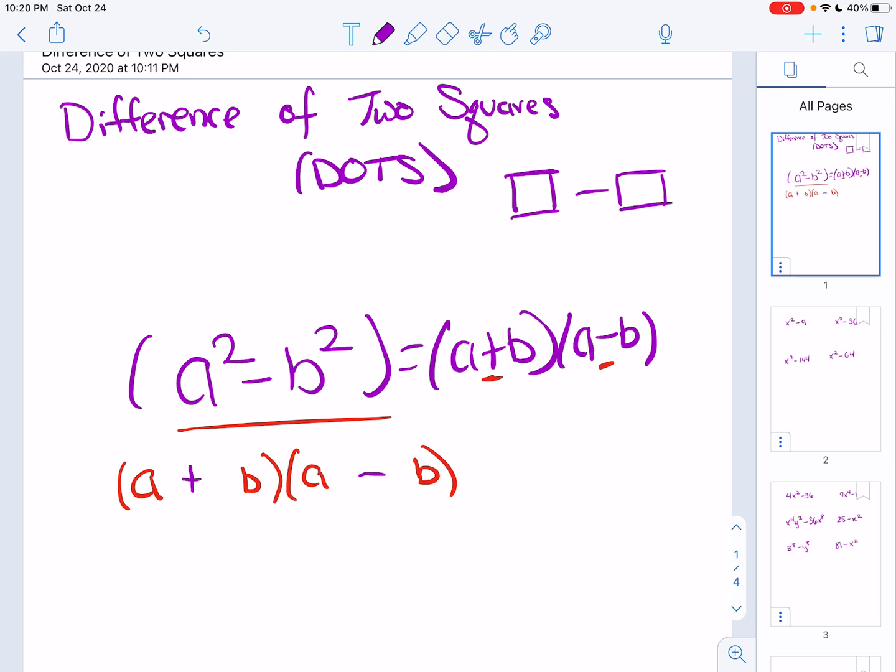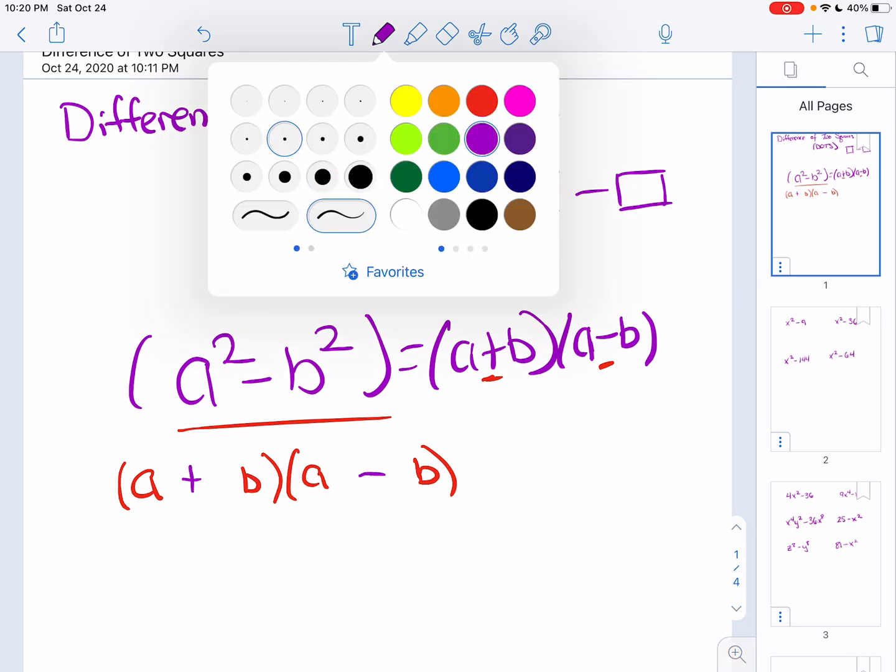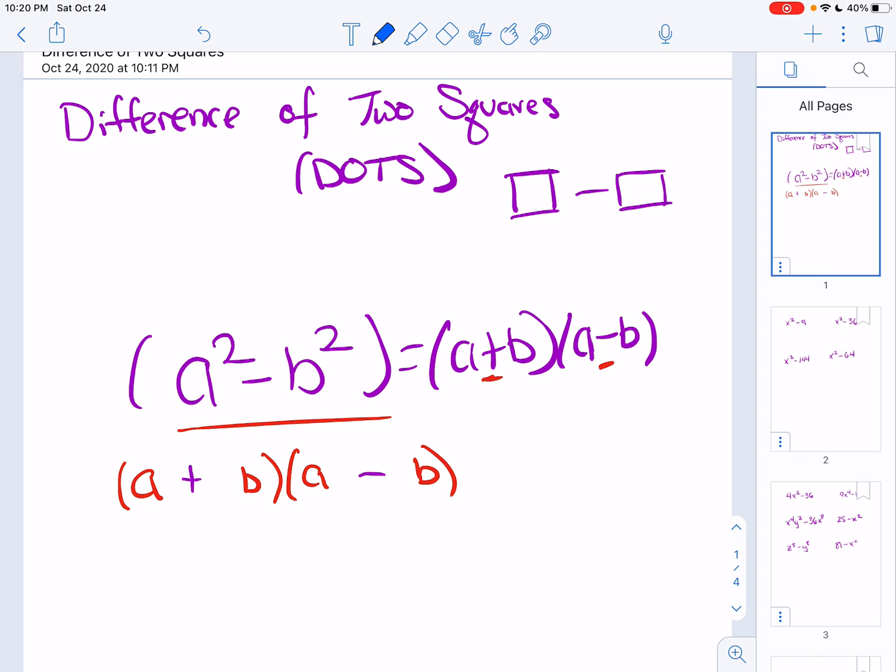Because if I were to FOIL this out again, take a look at what actually happens. First, a times a is a squared. Outside, a times negative b, so it's negative ab. Inside is ba. And last is b and negative b, which is negative b squared.